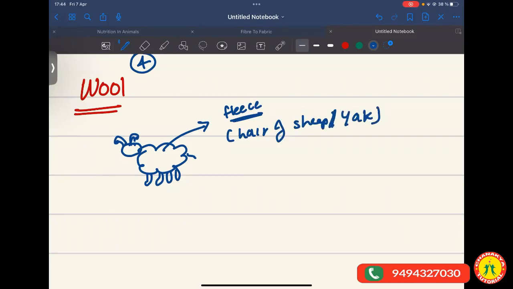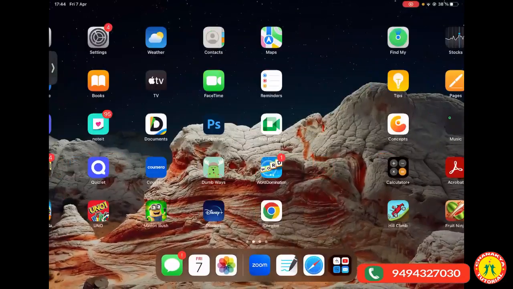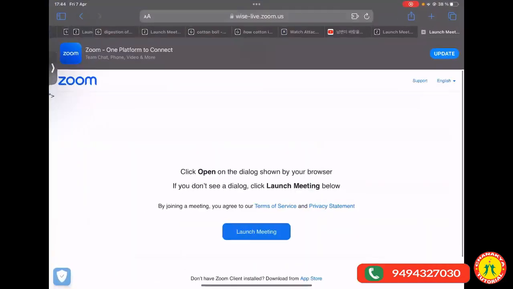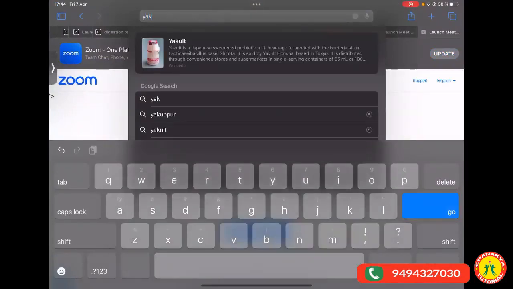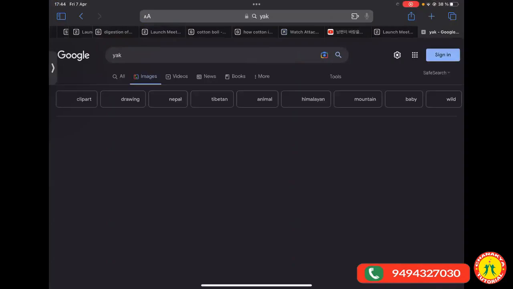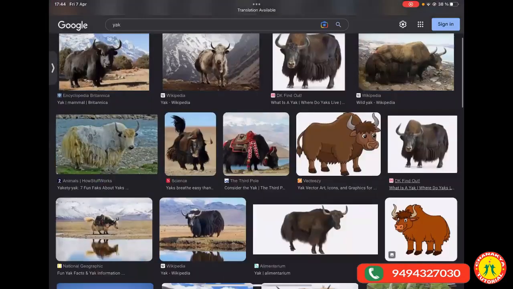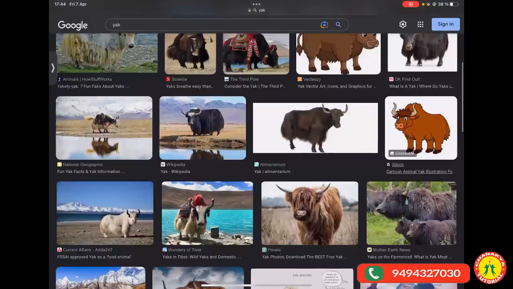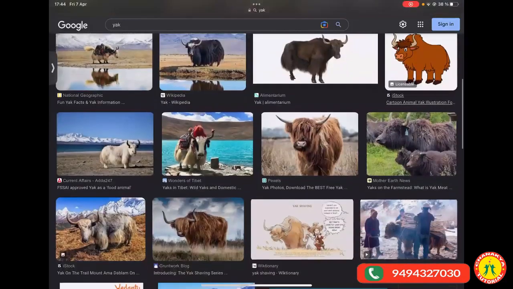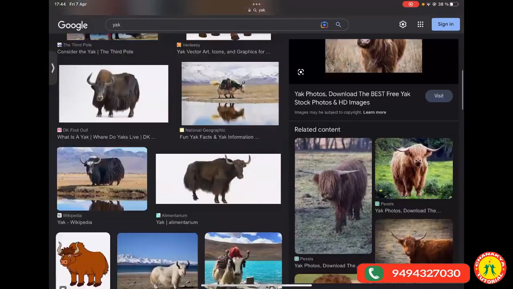I'll just show you the image of how it looks. That is an image of a yak. It's more like a woolly cow. You must have seen these cute hairy cows in movies. So this is a yak.